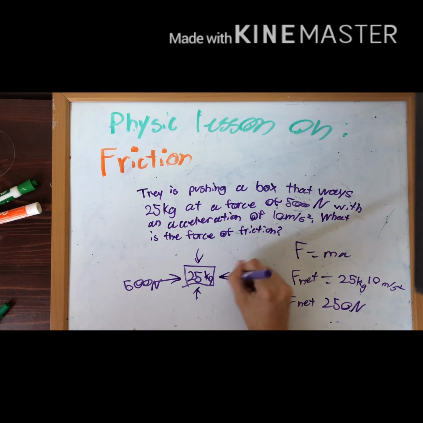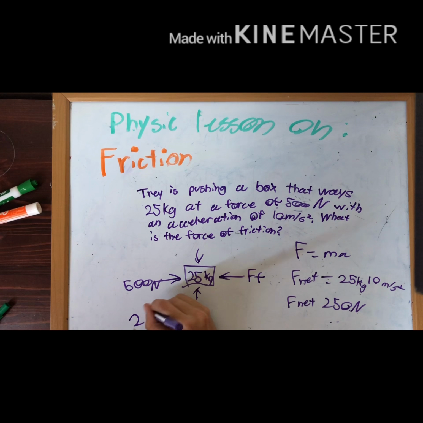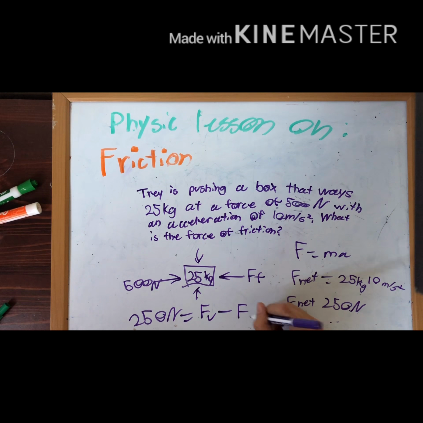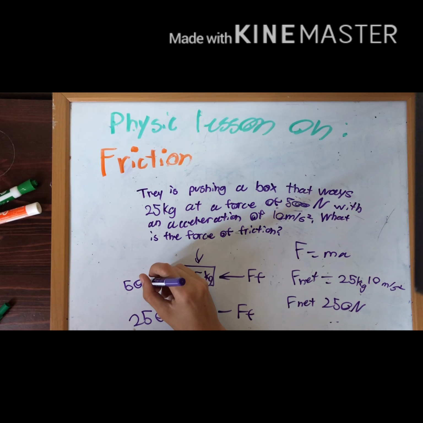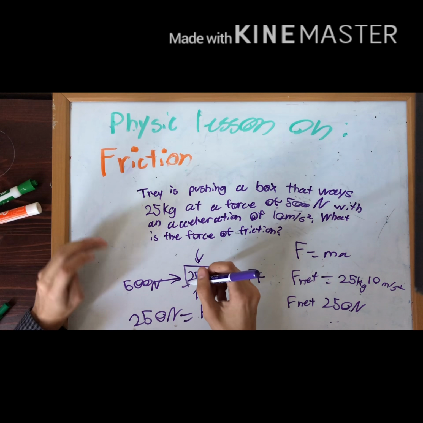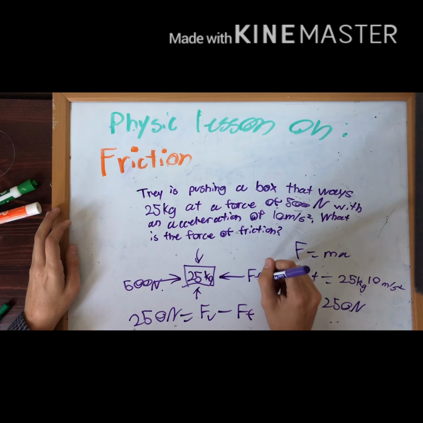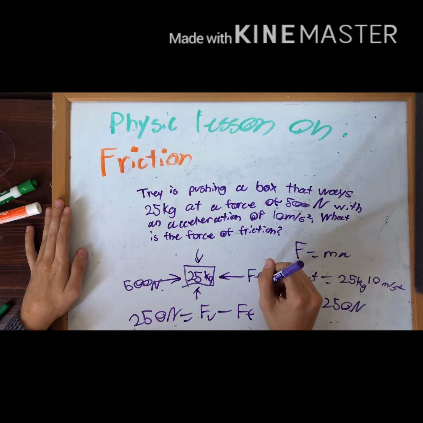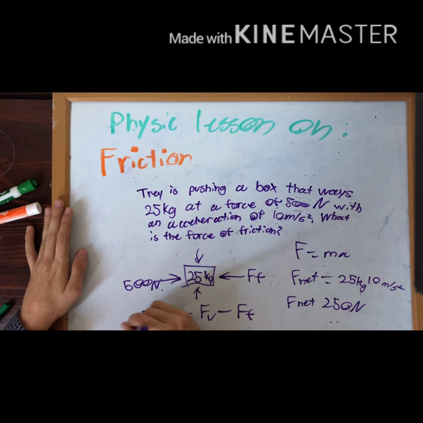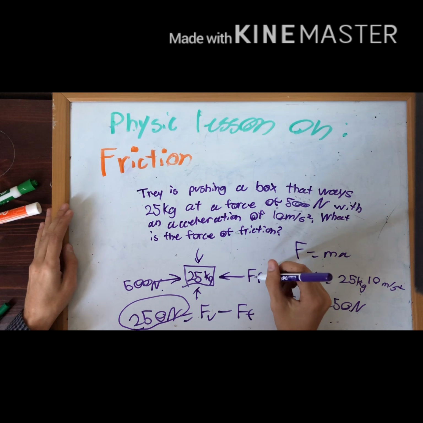Now, to get to 250 newtons, F net, force U has to subtract against force F, the force of friction. Since Trey is pushing at 500 newtons and the force of friction is pushing back, we have an F net of 250.